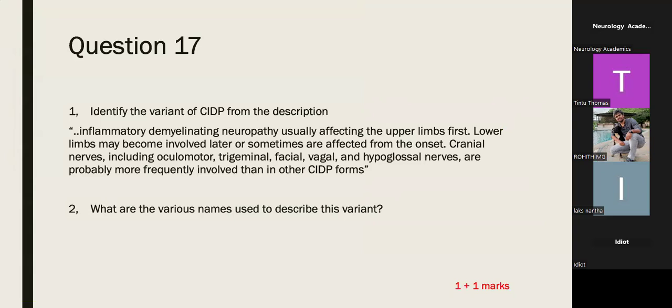Question 17. This is a description of a particular variant of CIDP and the various names used to describe this variant. In this particular variant, both upper limbs and lower limbs can be involved, usually starting in the upper limbs, and there can be involvement of various cranial nerves as well.